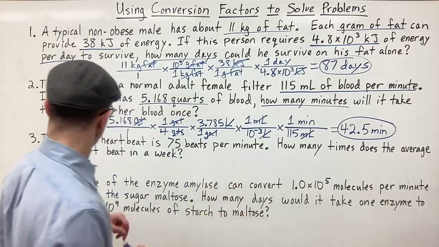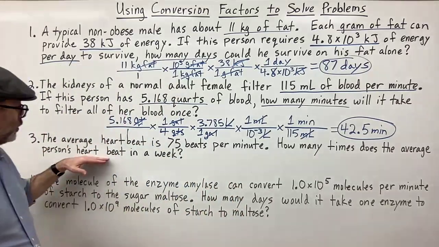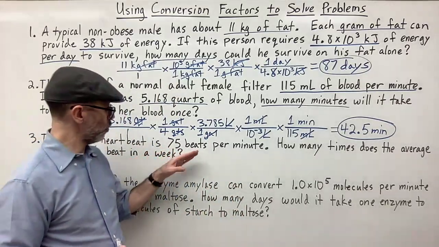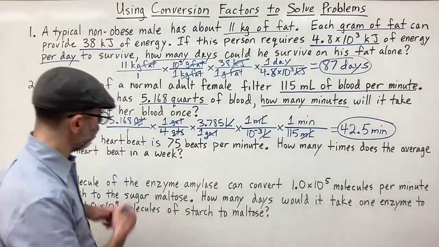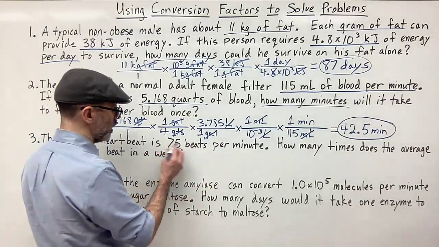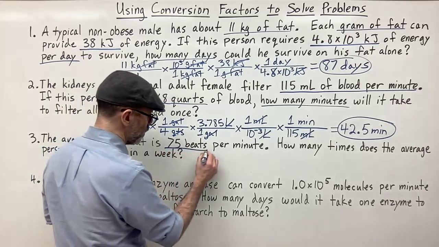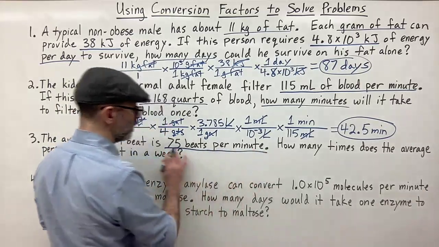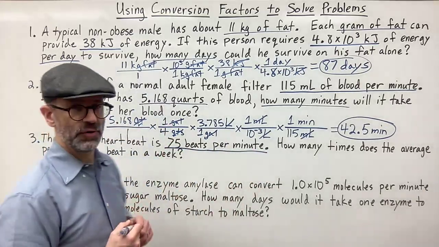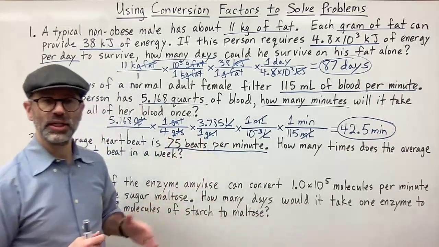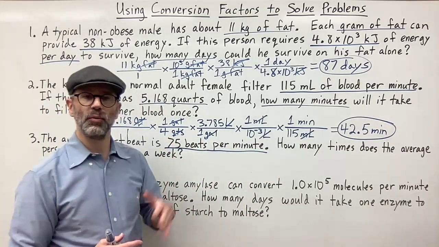Next, we have problem number 3. The average heartbeat is 75 beats per minute. Oh, that's going to be a conversion factor. 75 beats per 1 minute. So that's a possible conversion factor. Next, we need to figure out where we're going to begin and where we end.